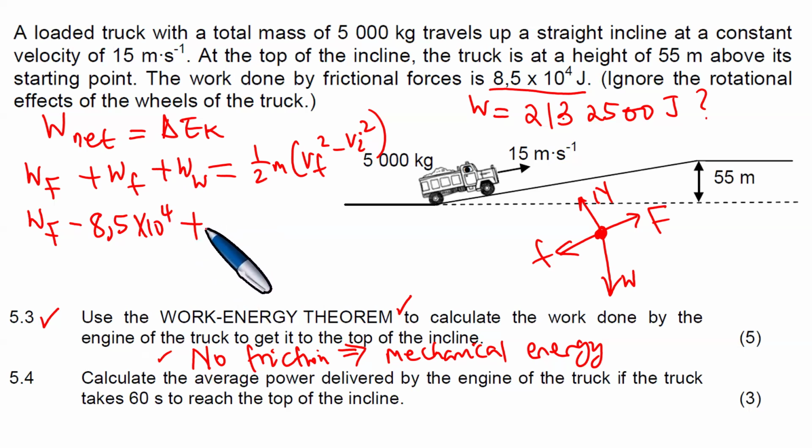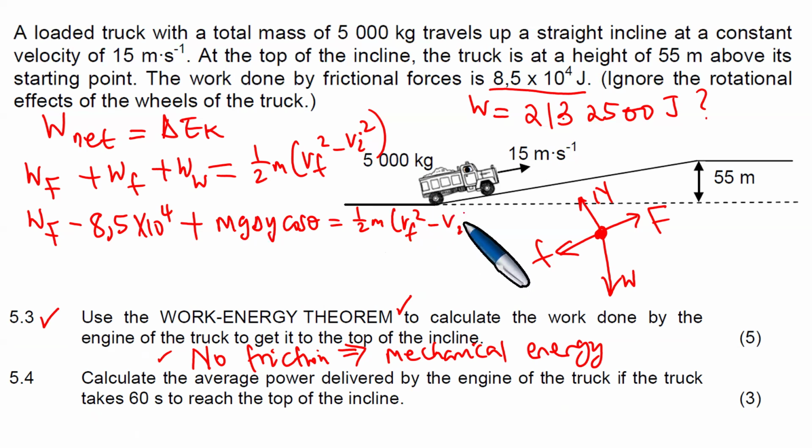And the work done by the weight is exactly what? It is mg delta y cosine theta, equals 1/2 m (Vf squared minus V initial squared).